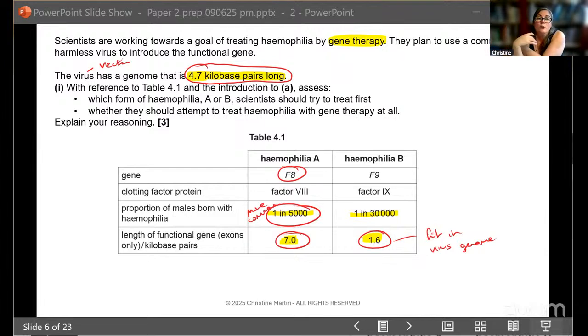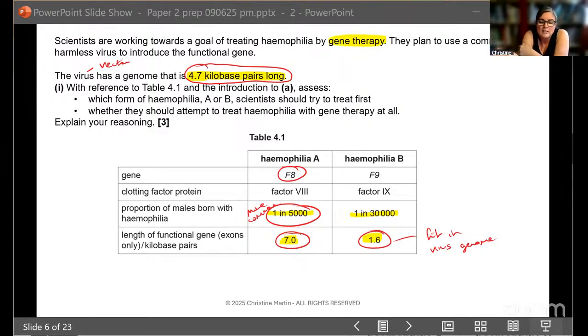And so therefore, the way OCR asks questions like this, it's an evaluate. Whereas in this question, they've said assess. It's the same thing, they just changed the wording. But what they've done is they've given you information for you to be able to pull it out. And then they're saying, okay, well, whether they should attempt to treat hemophilia with gene therapy at all.